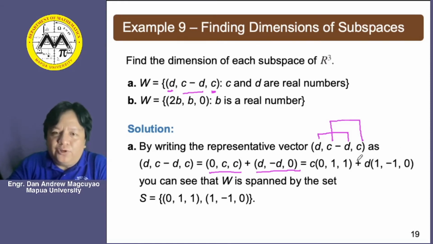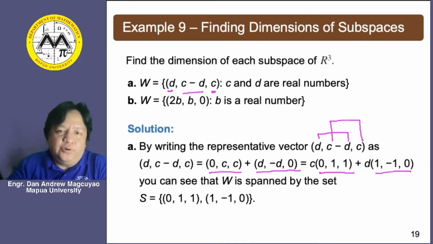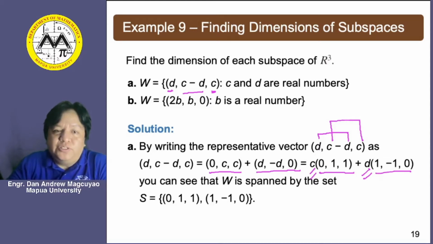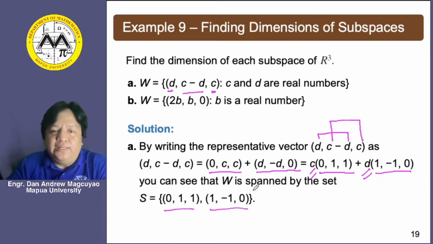So the two vectors that form a basis would be 0, 1, 1 and 1, negative 1, 0 for any scalars c and d. So we can now say that the dimension of the subspace is 2, because there are two vectors, 0, 1, 1 and 1, negative 1, 0.